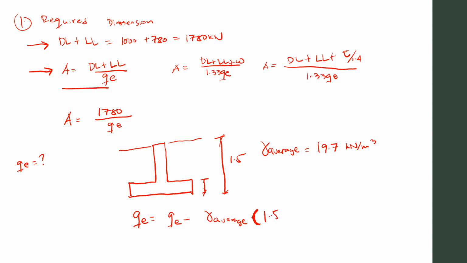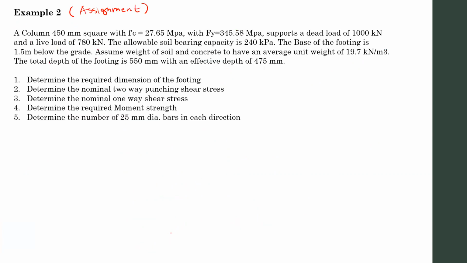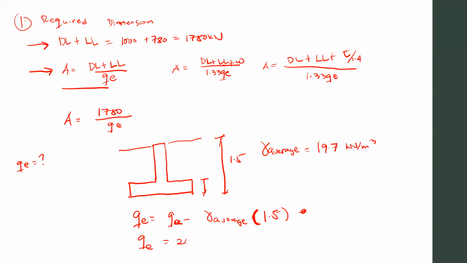So, that is 1.5. And wala ka namang surcharge load, 'di ba? So, no need to include your surcharge load. Okay? So, therefore, ito na lang yung matitira. Ito yung net. And there, it should be QA. So, yung QA natin is 240 kPa. So 240 minus 19.7 times 1.5, you get your 210.45.